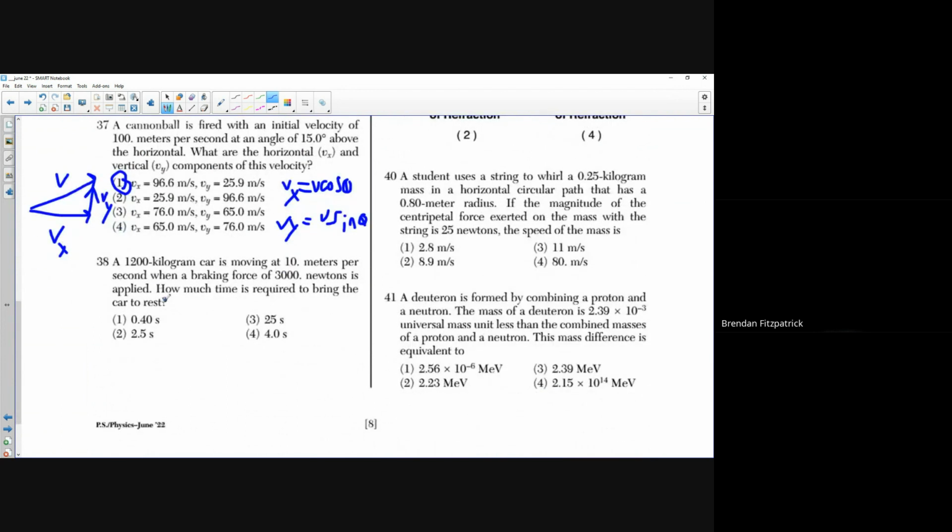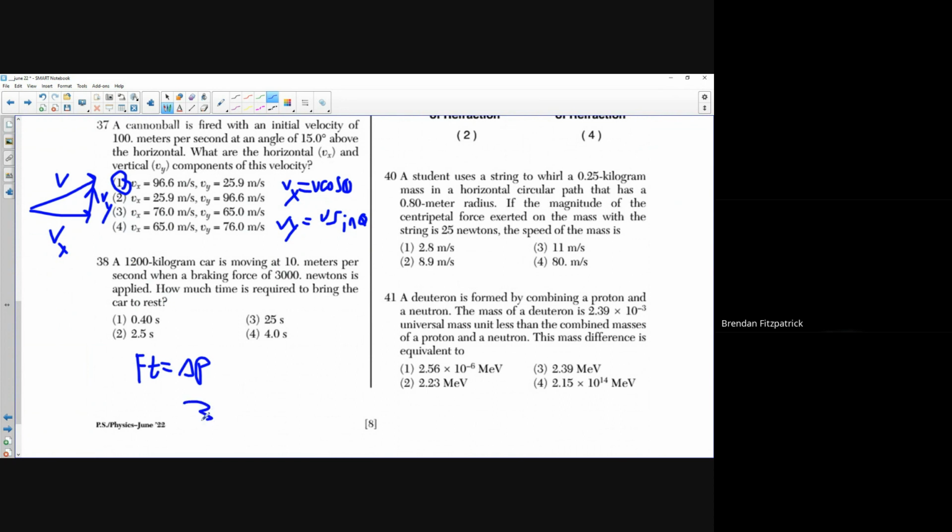38, a 1,200 kilogram car is moving at 10 meters per second with a braking force of 3,000 newtons is applied. How much time would it take the car to come to rest? So here, actually, you want to use force times time is equal to the change in momentum. You could do this by figuring out an acceleration and then figuring out how much time it would take to stop, but you end up doing the same exact math.